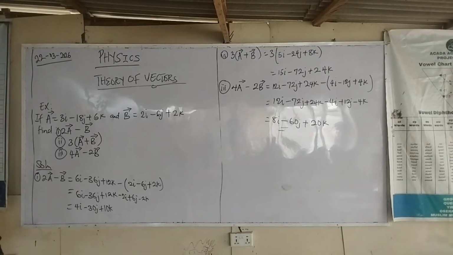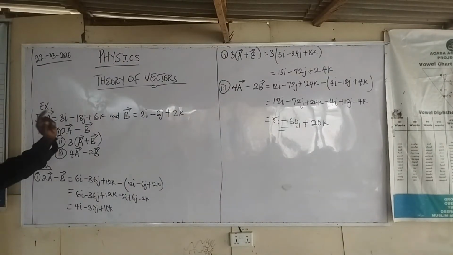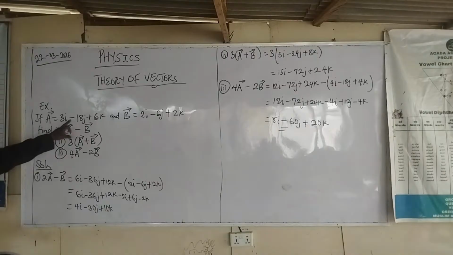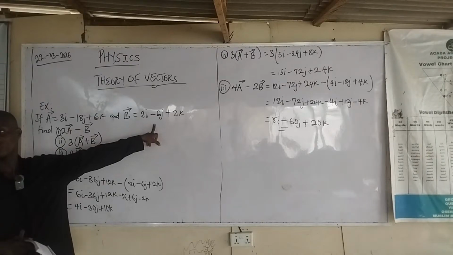All right, let's put that down. Yes, what's your question? 4 times 18 is 72. 3 times 24 is 72. Open the bracket, A plus B: minus 18 minus 6 is minus 24.